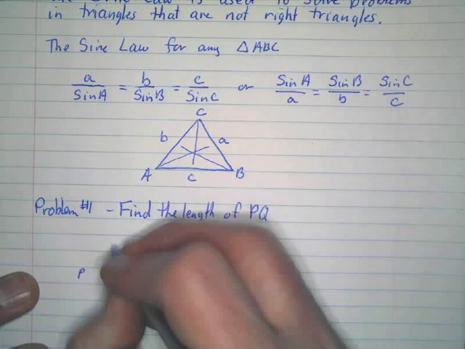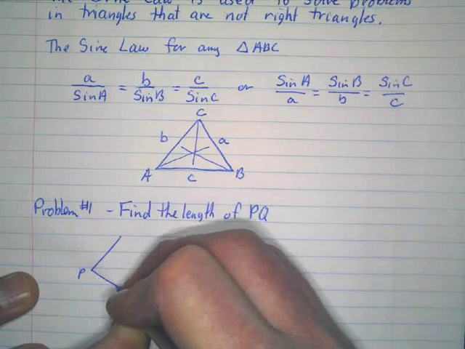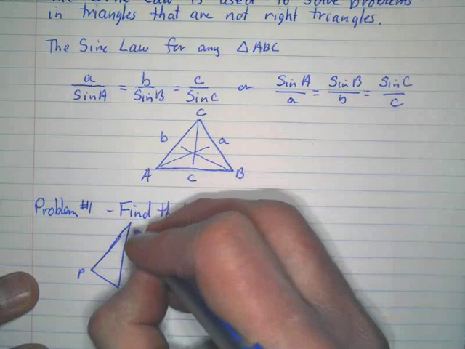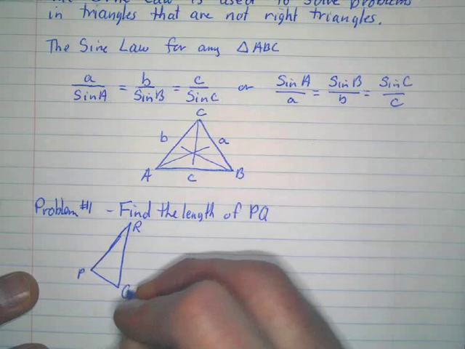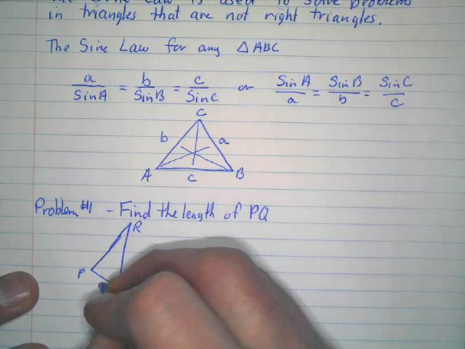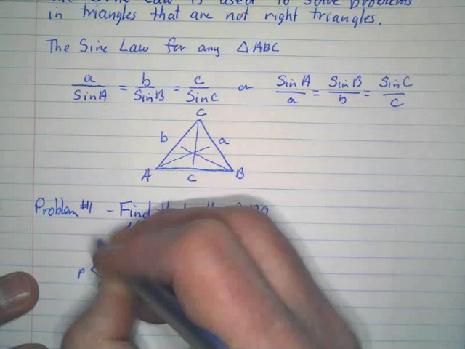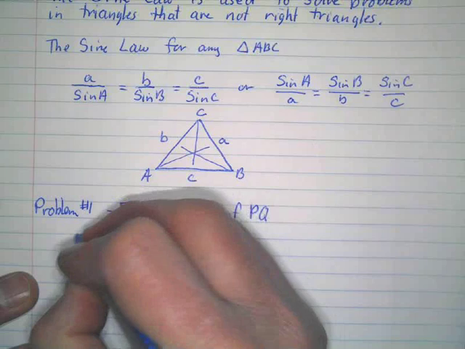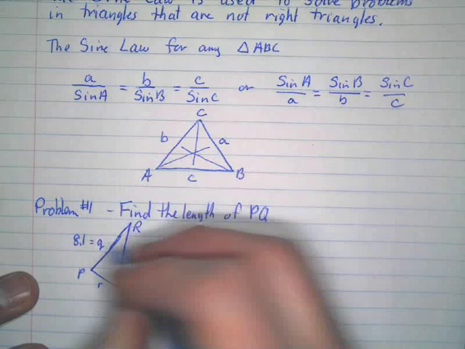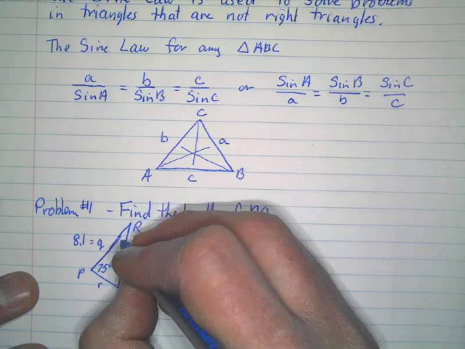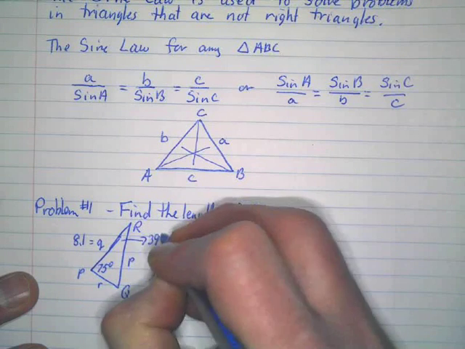We have P, we have R, we have Q. So opposite R is little r, opposite P is little p, opposite Q is little q. But they tell us q is equal to 8.1. They tell me angle P is 75 degrees and angle R is 39 degrees.